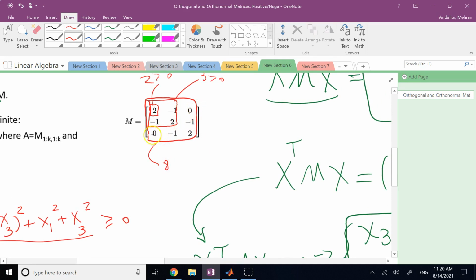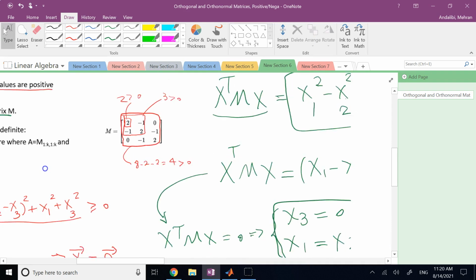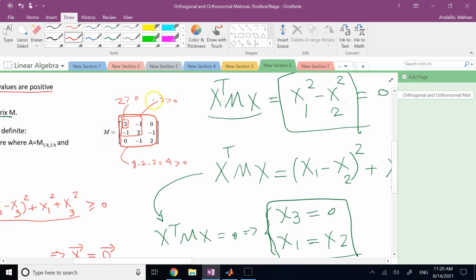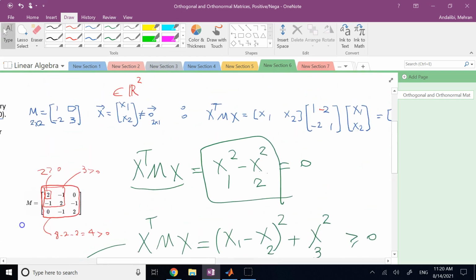This is 0, that is 0, 0. So you will get a negative 2, and you'll get another negative 2. So it's going to be 4. That's also positive. So since the determinants of these three principal submatrices, or the three minors basically, are all positive, then the matrix is positive definite. That's based on the Sylvester method.